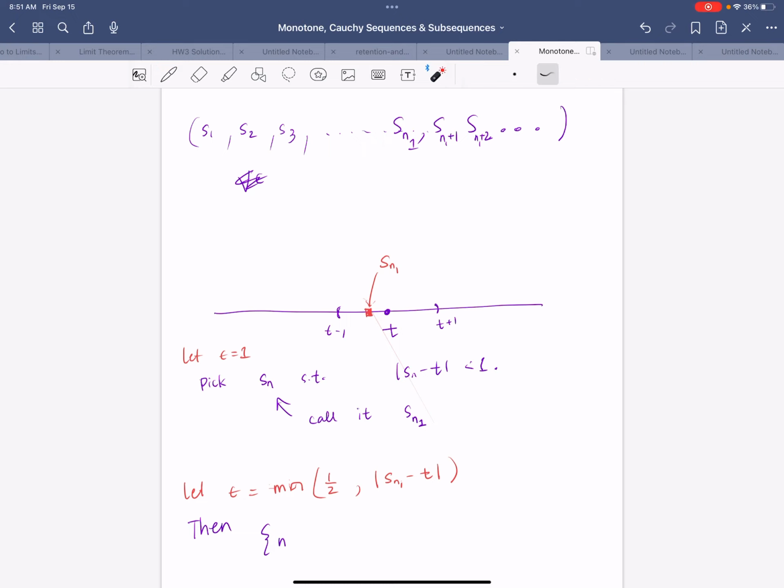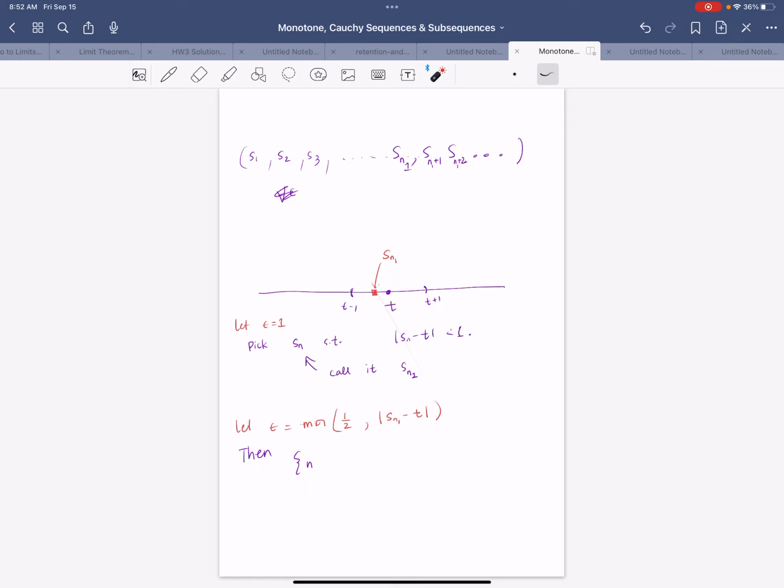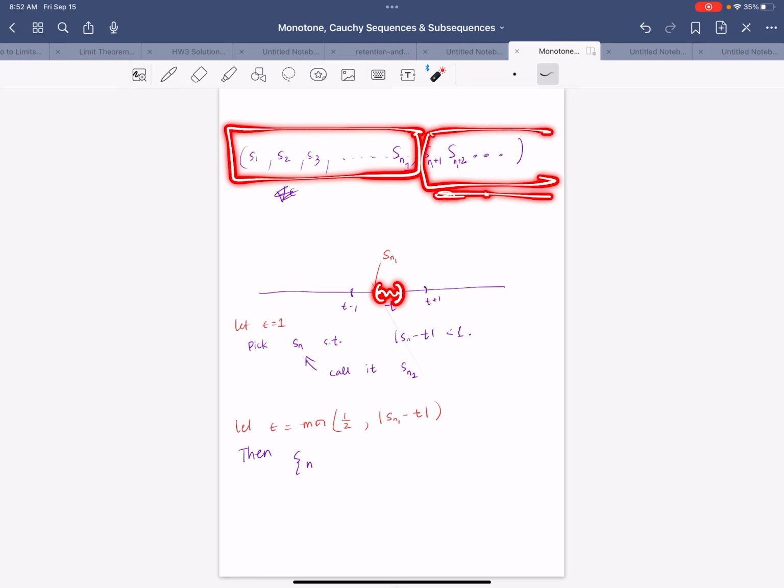Now, if I just look at this set here, infinitely many of them have to be in my new interval. Why? Because there are only finitely many terms before Sn1. And if there are infinitely many terms in this interval, and there are only finitely many terms here, then there have to be infinitely many terms from here in this interval.